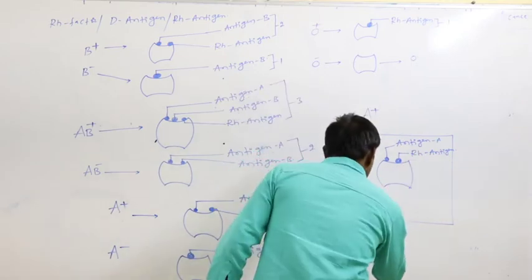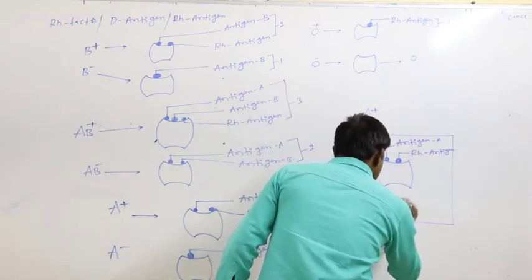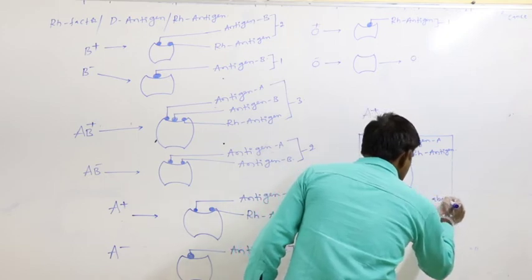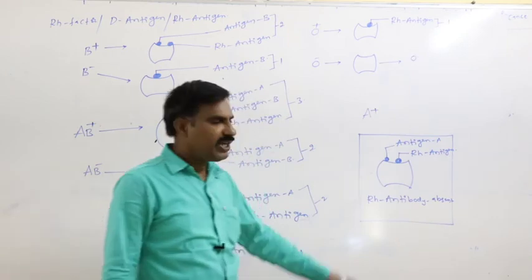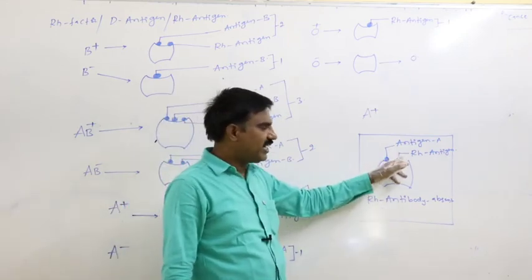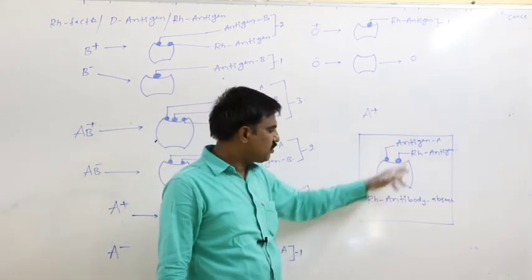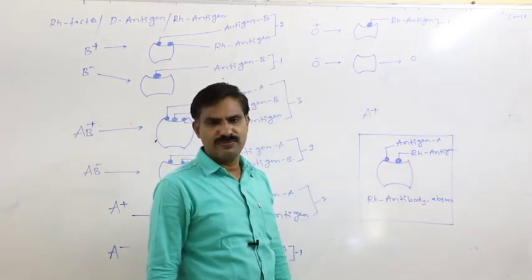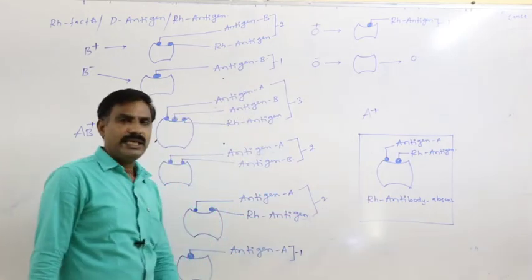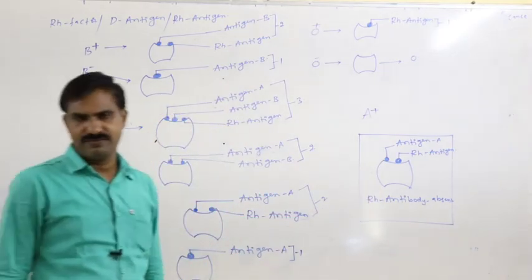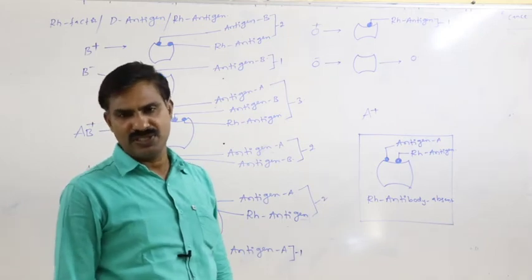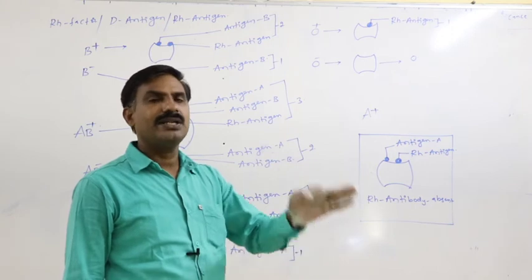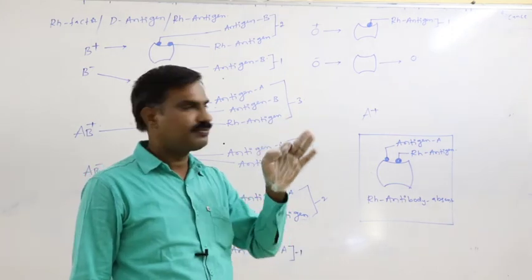Definitely, Rh antibody is absent. If the Rh antibody is present against the Rh antigen, definitely these two react, RBC is ruptured, and the person immediately leads to death. So that is why in any positive blood grouped person, Rh antibodies against the Rh antigen are not present.